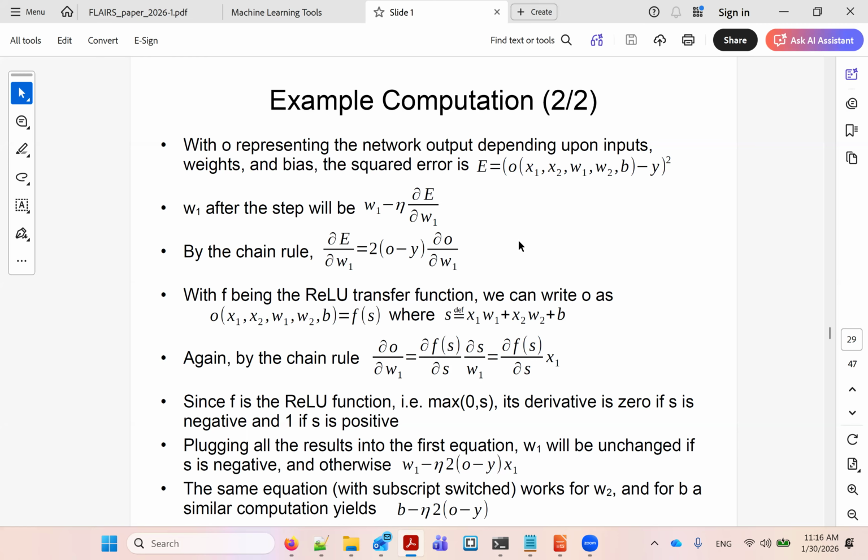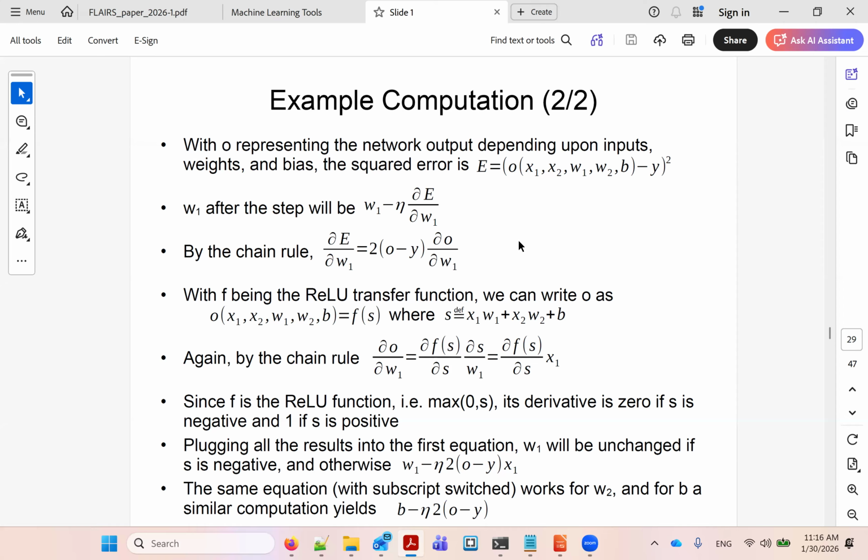Okay. All right. Now, the only thing left now, we're left with one additional complication we didn't face before. We now have to deal with the partial derivative of f with respect to its argument. Okay. Now, f is ReLU. So if you remember, the way to write that is just the max of 0 and s. Right? So remember, when s is positive, great, the max is the positive number.